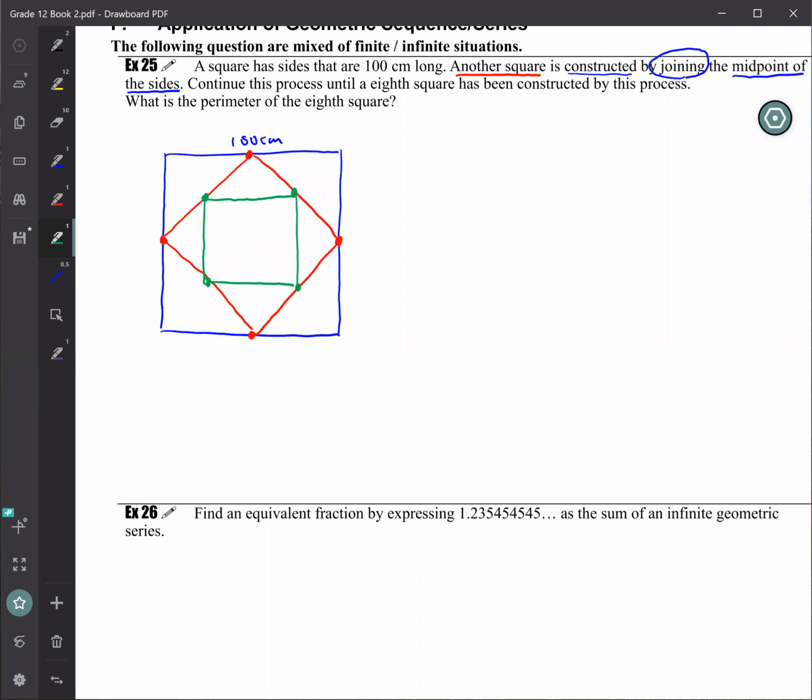Okay, and then the pattern continues. So we want to do this until the 8th square, right? The blue one is the first one. The red one is the second one, right? And then the green one is the third one, and keep on going.